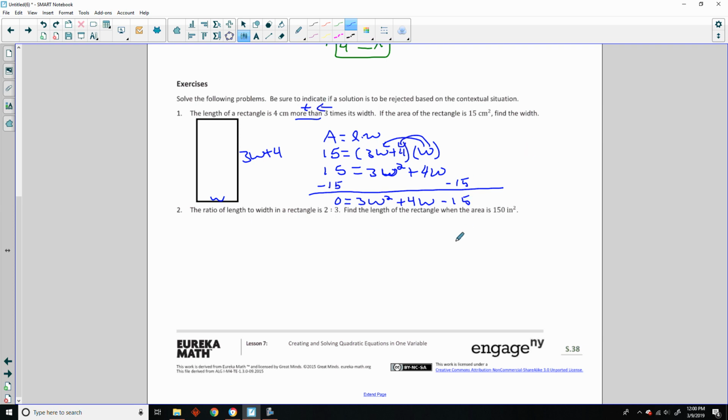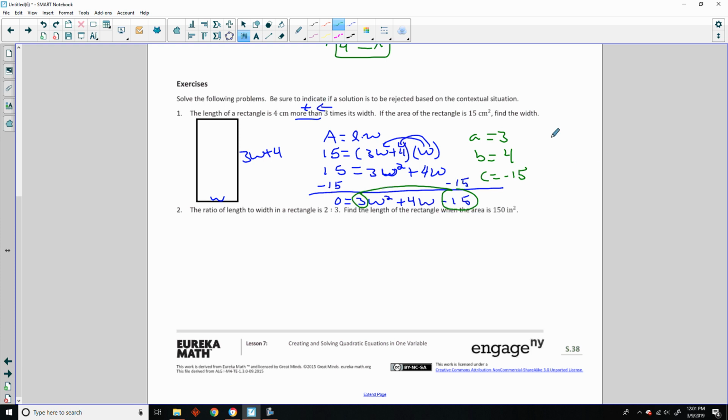I'm just going to continue down here and then I'll erase it after. All right, so we have a 3, a 4, and a 15. 3 will go into 15, but 3 will not go into 4. We do not have any greatest common factor of the 3 terms, so I'm going to use my beats method where I multiply A times C. So A equals 3, B equals 4, and C equals negative 15.